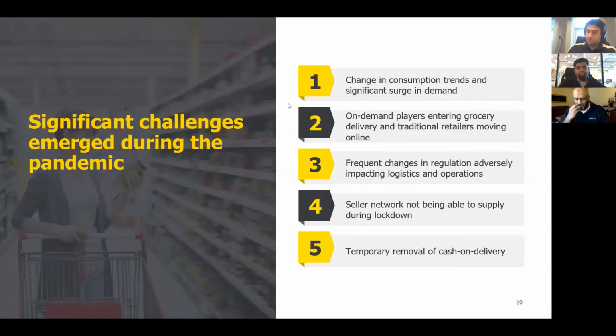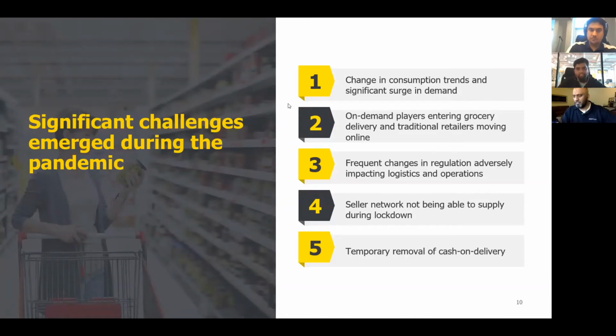So if these sellers have to drop a few thousand units at our warehouse, they refused to come because there was a period of a few days where they were supposed to get those licenses. So again, that was a challenge from our side, that we do have demand, we do have a lot of orders, we have a lot of customers, but from a seller side perspective, there are a bit of challenges.